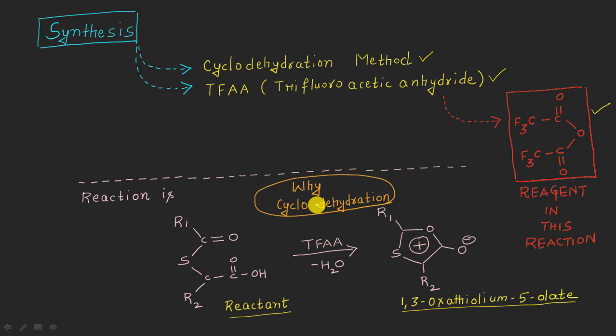And why is it known as the cyclodehydration reaction? The reason is quite simple: with the aid of this trifluoroacetic anhydride, which is a sort of dehydrating agent, it results in the removal of a molecule of water, and that is why we refer to it as a dehydration type of method, in which finally a bond formation will take place between this oxygen and this carbon atom here, which will result in the formation of a 5-membered cyclic ring, which will be this here, right?